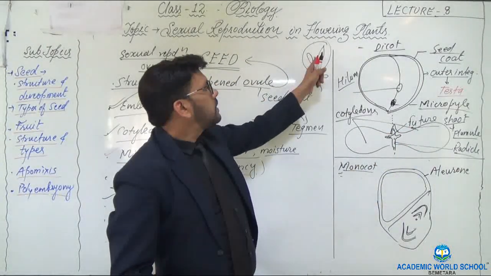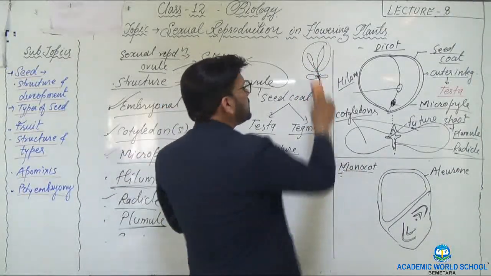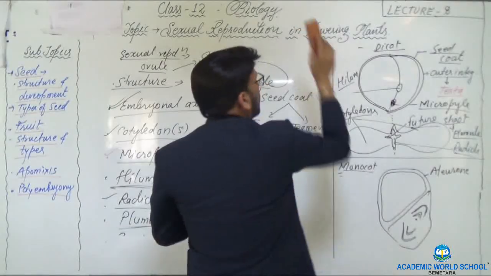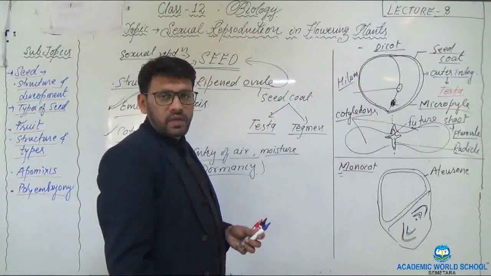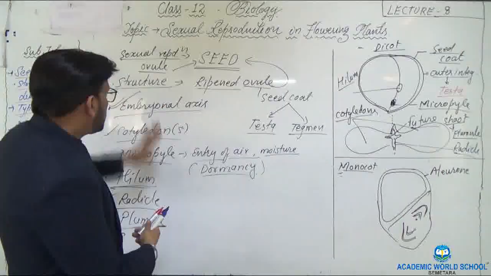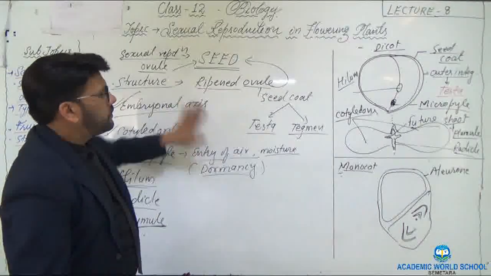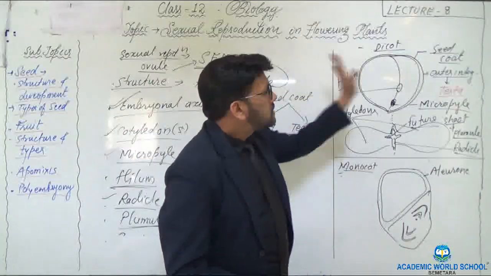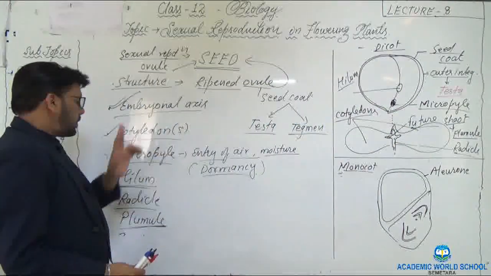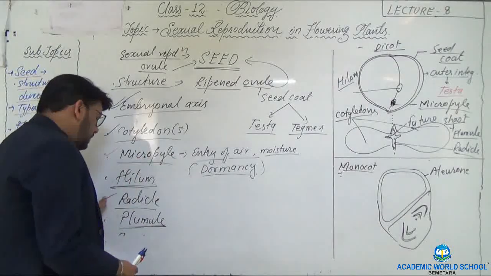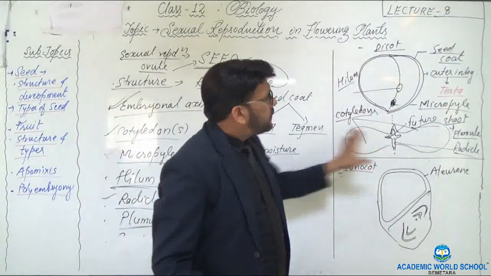Once the leaves are formed, as they are green in color, they are ready for the process of photosynthesis, and they can have their own system generated in the body, and then they start developing. Got that? So these are the different parts of the seed. Seeds have the seed coat, embryonal axis, cotyledons, micropyle, hilum, radicle and plumule. This is the structure of a dicot seed.